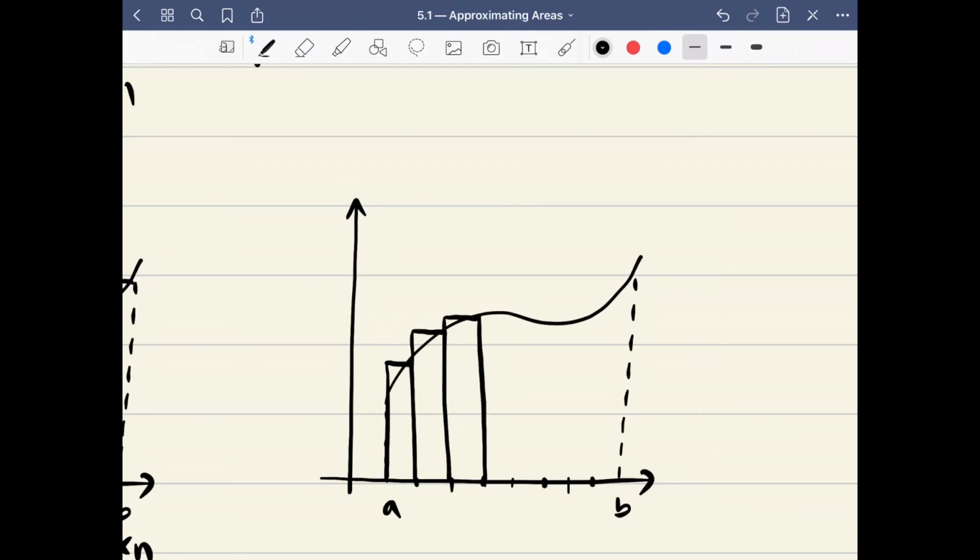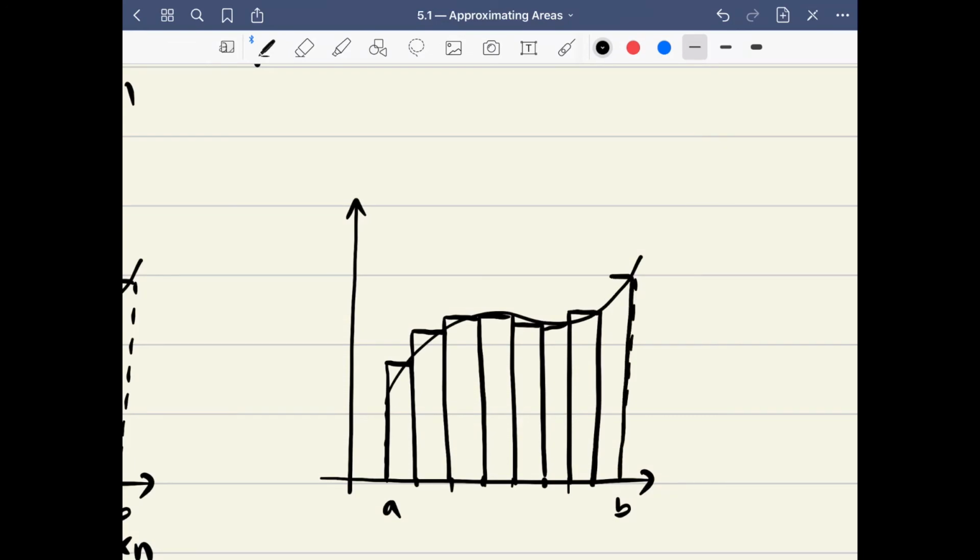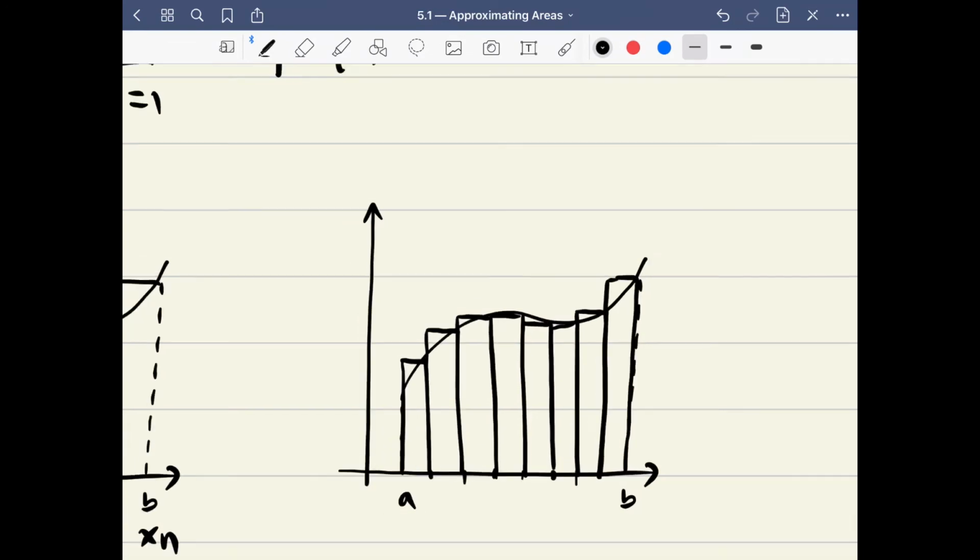So let me construct all of these. Right.